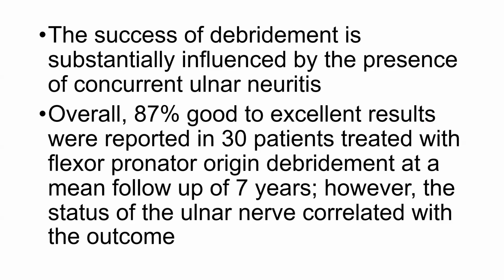Overall, 87% good to excellent results were reported in 30 patients treated with flexor pronator origin debridement at a mean follow-up of 7 years. However, the status of the ulnar nerve correlated with the outcome.